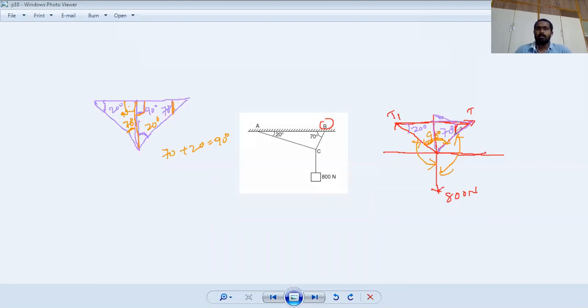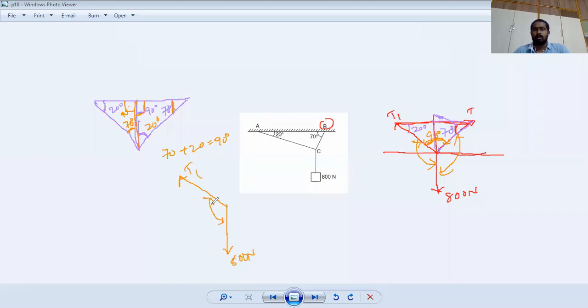Bharat, please tell me. Now I need to find the angle between T1 and the weight of 800 newtons. I need to find this angle.